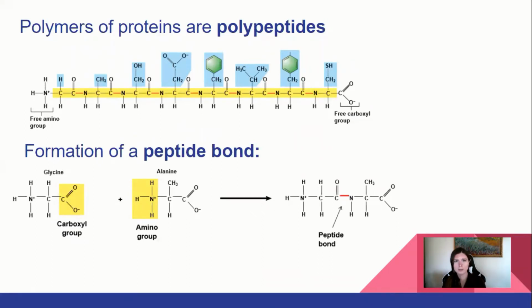So when we're talking about proteins, we kind of specify what level of structure or folding we're talking about. So we're going to go through it right now, and we're going to have 4 levels of structure for proteins. Now, the first level of structure is going to be taking our amino acids, our monomers, and forming a polypeptide.